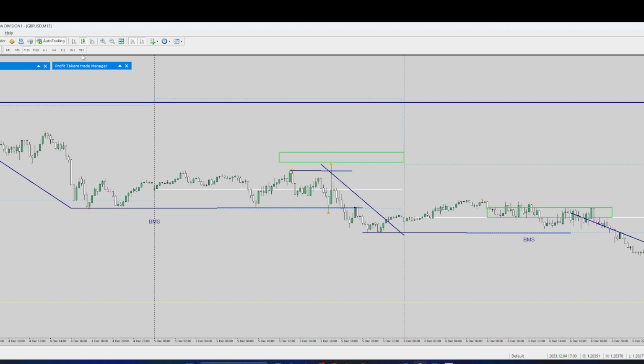And my idea would be to get in. You know, I could have measured this area from the high to the low. And ideally, guys, you know, about the 50% mark is right here. So this is an entry in this area.